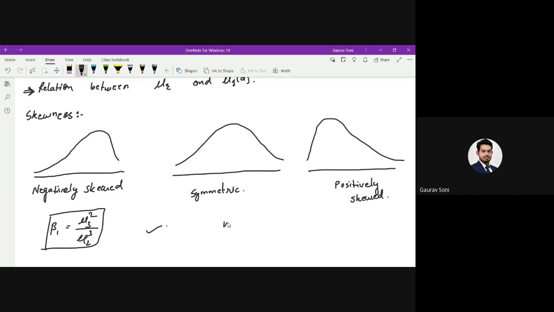And the next one, kurtosis. I said kurtosis measures the peakedness of the curve. The coefficient of kurtosis, which is beta 2, has the formula mu 4 upon mu 2 square.